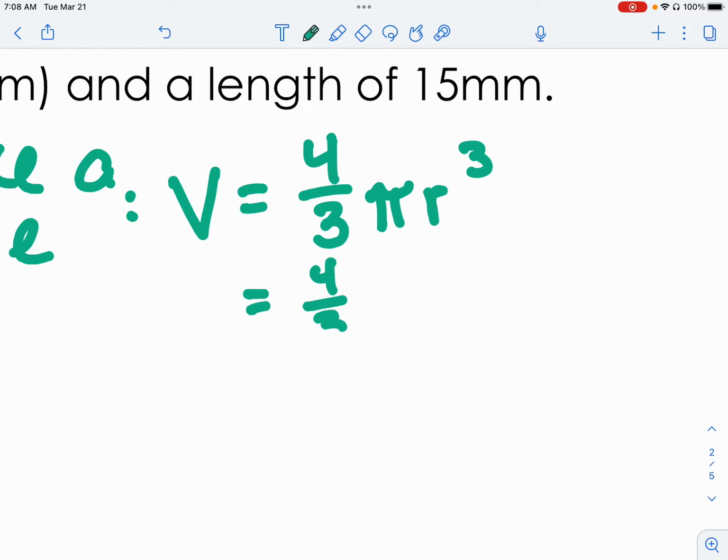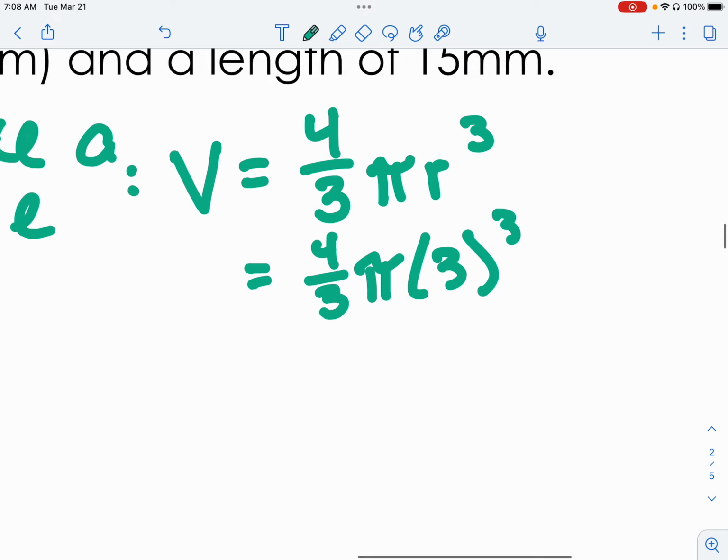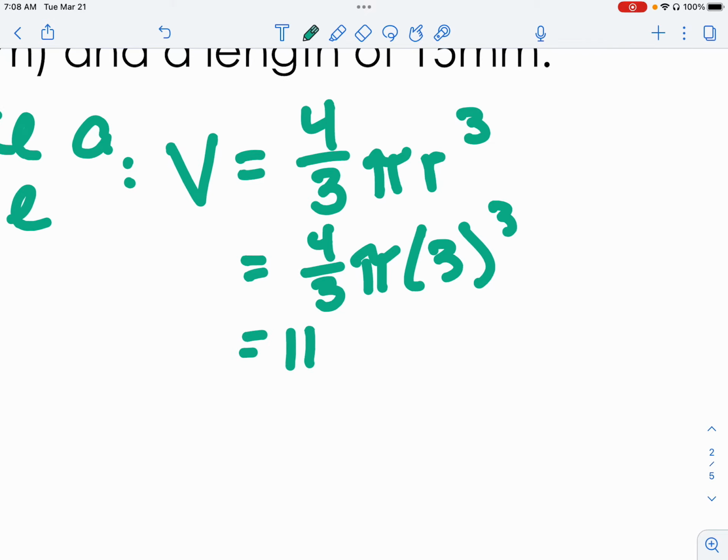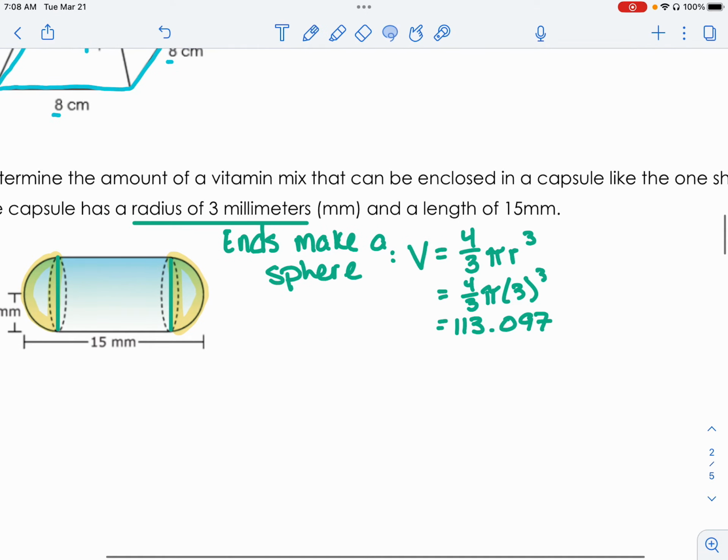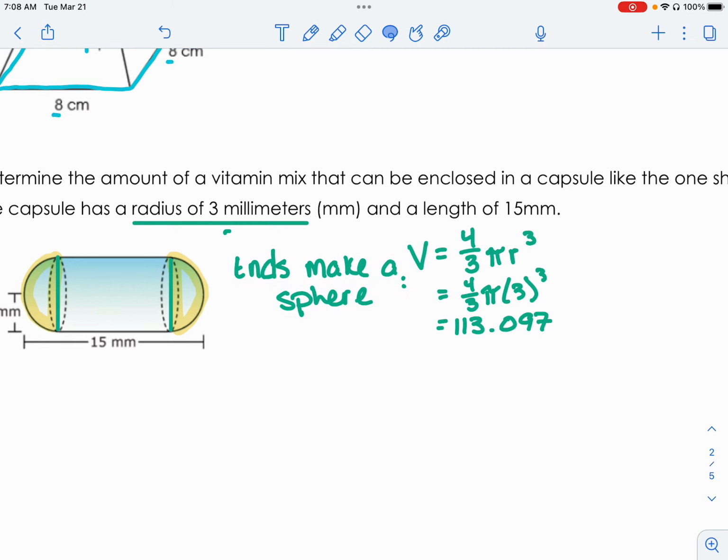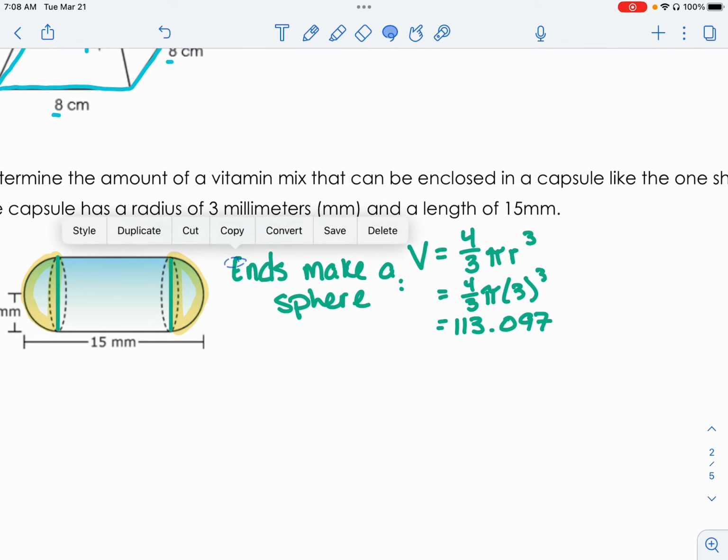So 4/3 pi 3 cubed. And that equals 113.097. So we have our sphere out of the way. I'm just going to do some cutting and moving.